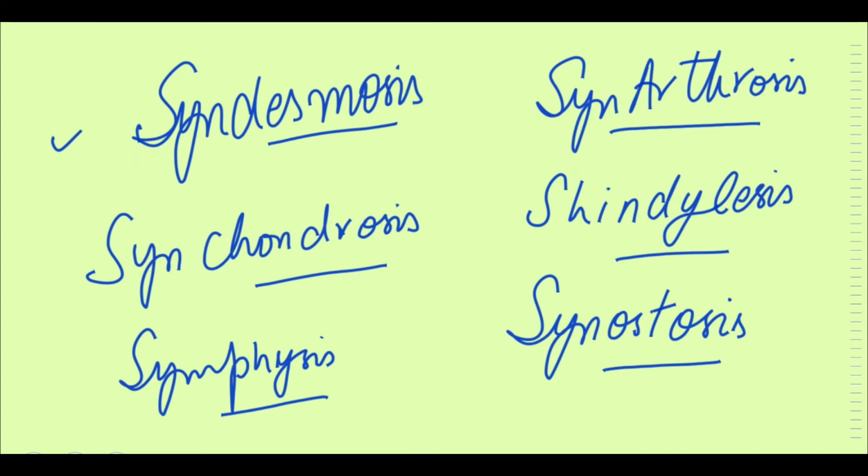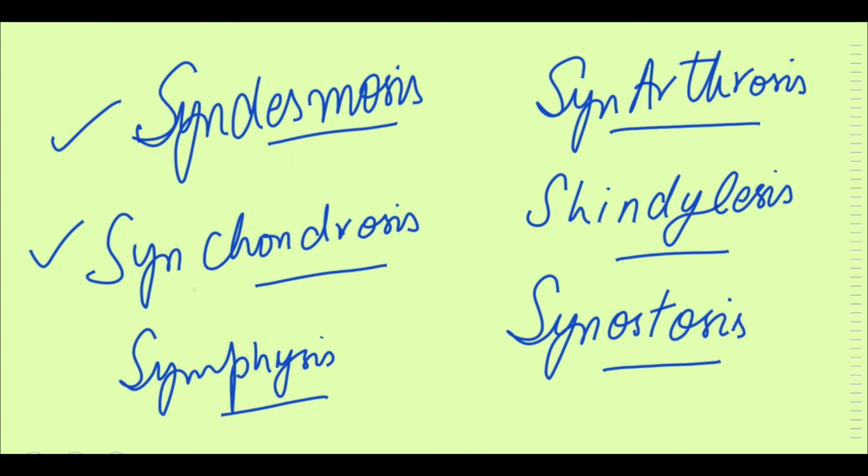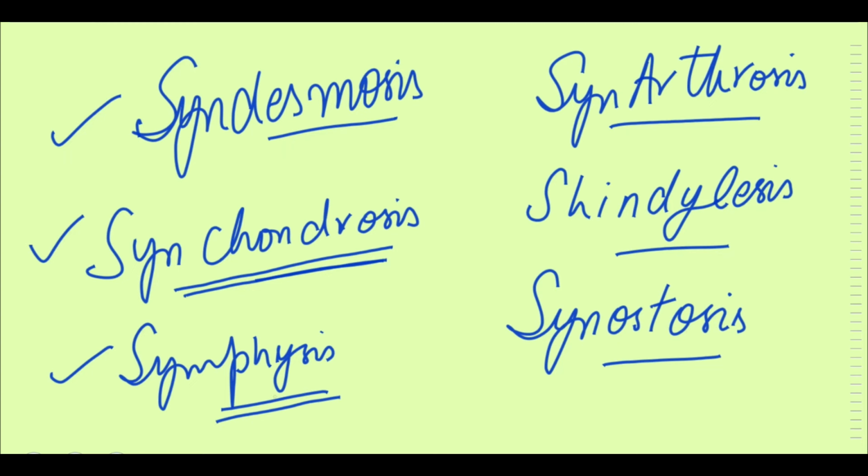So note down the syndesmosis. It's a category of the fibrous joint, and remember it with the example of the interosseous membrane. Synchondrosis is the other name for primary cartilaginous joint. Symphysis is another name for the secondary cartilaginous joint. Then is the synarthrosis.